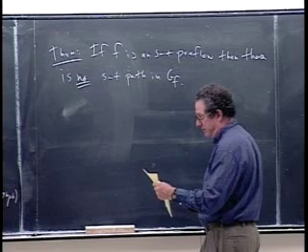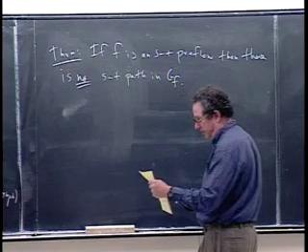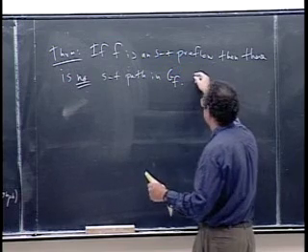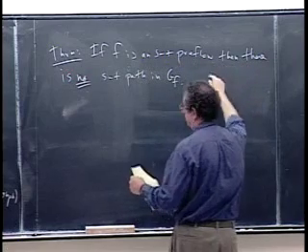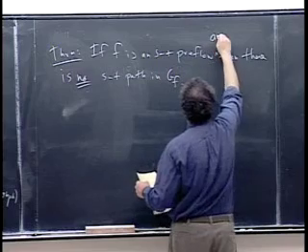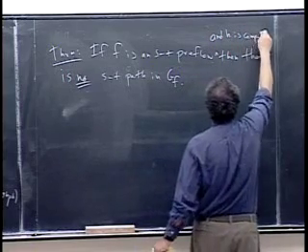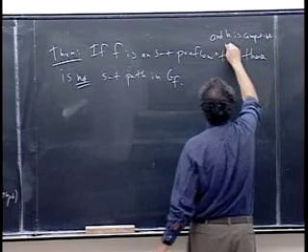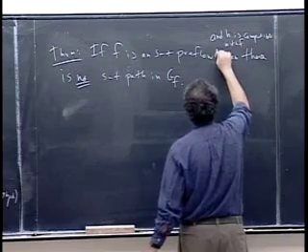Oh, I guess I should have left something out. Well, that's a true statement about the algorithm, but we can't prove it yet because we don't have the algorithm. I need to put in something more. If F is an ST preflow and H is compatible with F, that's what I can prove at the moment.